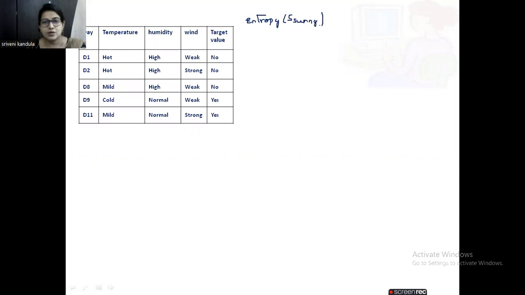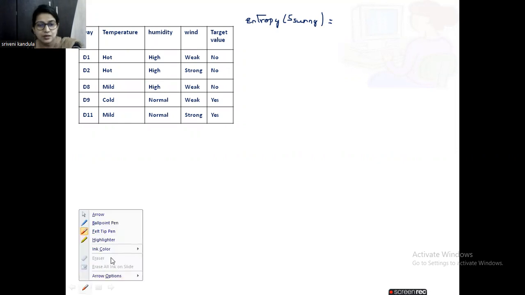The subset of the examples has become another data set for us now. So here, if you observe, how many positive and how many negative do we have? One second, let me change the ink color. If you observe, you have 2 positive and 3 negative examples in S sunny.